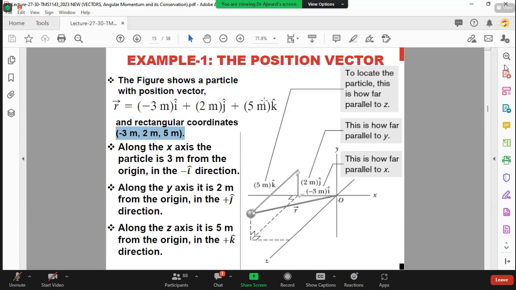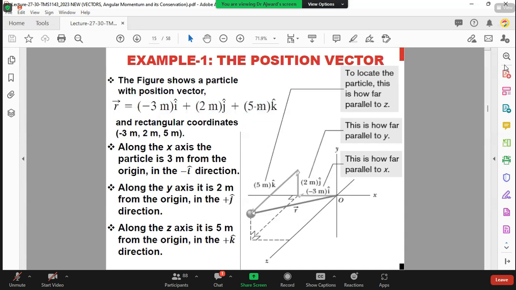So if you write the vector in terms of unit vectors, it looks something like that. The unit vector itself has no units, but the term in front of it has the units. Here in this case it is the position. Position is measured in meters, so it has the units of meters, and so on.